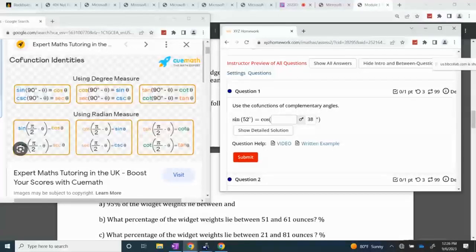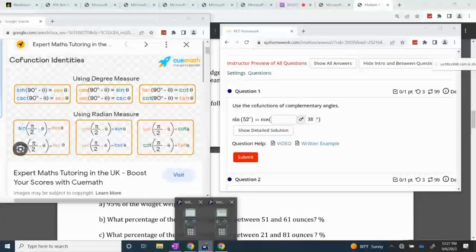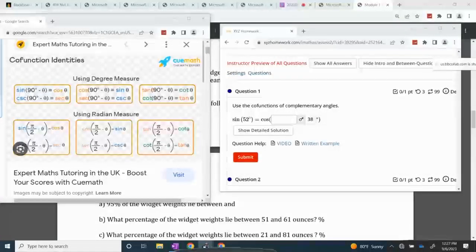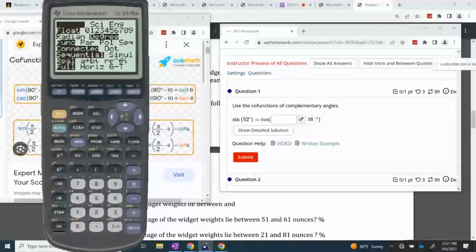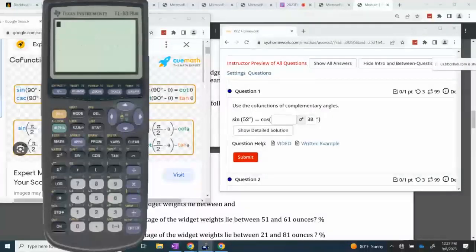And then these things are equal. If you were to put this in the calculator, just to show that, okay, I have to make sure I'm in degree mode. The sine of 52 degrees should equal the same thing as the cosine of 38 degrees.